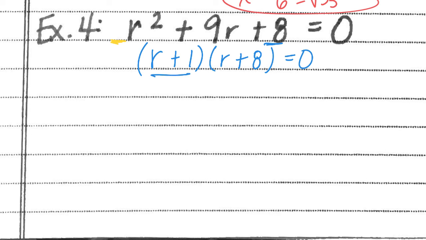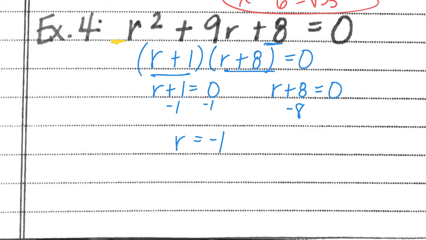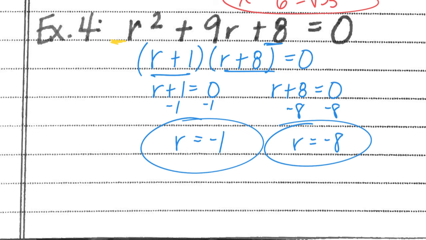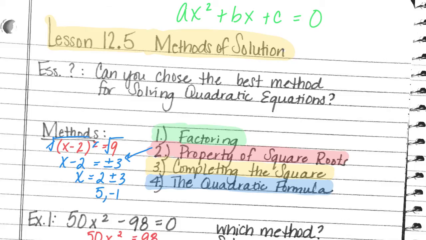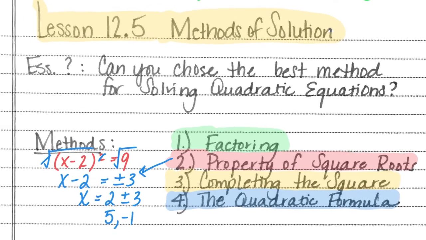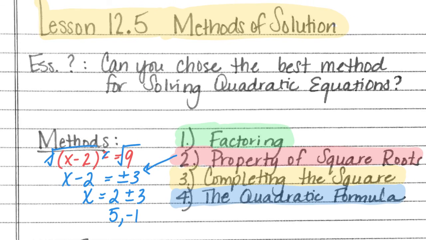So remember, I could take this whole thing and make it equal to 0, and this whole thing, make it equal to 0, and when I subtract 1, I get R equals negative 1, and when I subtract 8, I get R equals negative 8. So voila, you could choose the best method. The nice thing is that you guys have already done all these methods, so the great thing is you know how to do all of them.